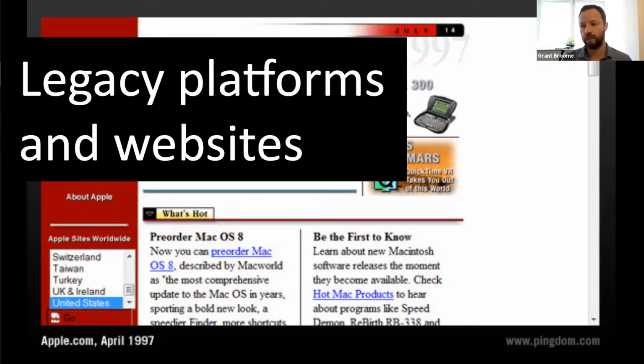But when you're stuck with a legacy platform and website, then the best thing that you can do is take some advice from accessibility professionals in maybe patching the site as best as you can. And it's not a good way to do things. But what it will do is allow you to make temporary fixes to things until you can find a better solution further down the road.